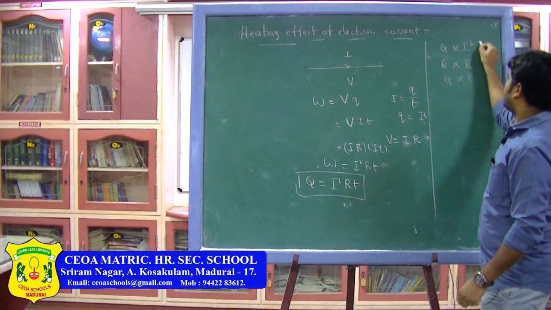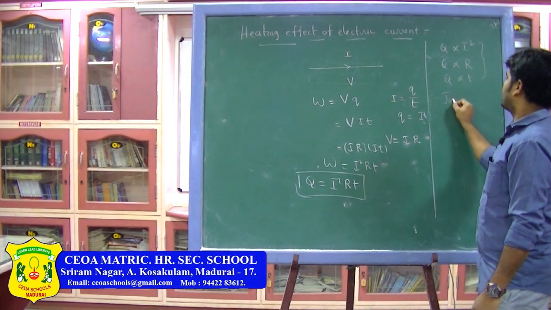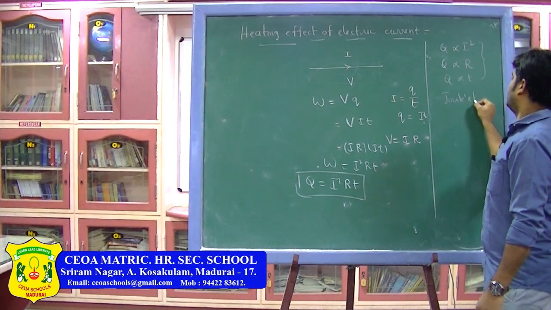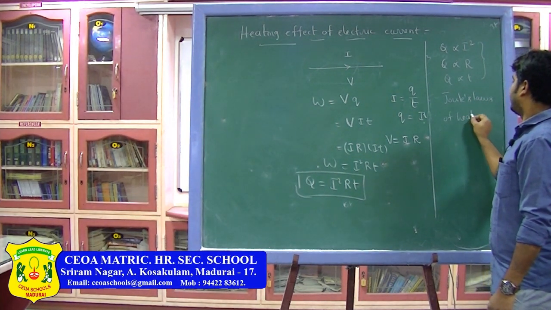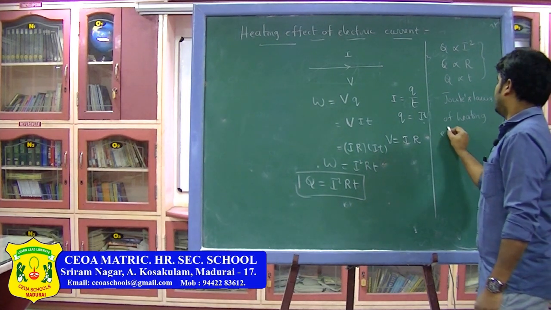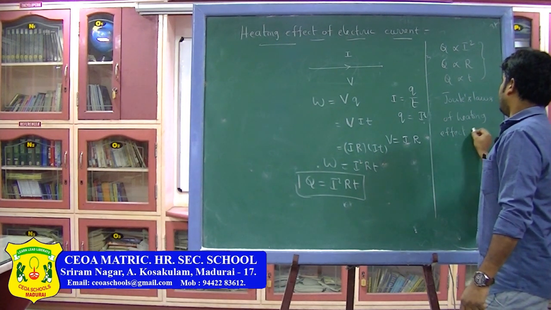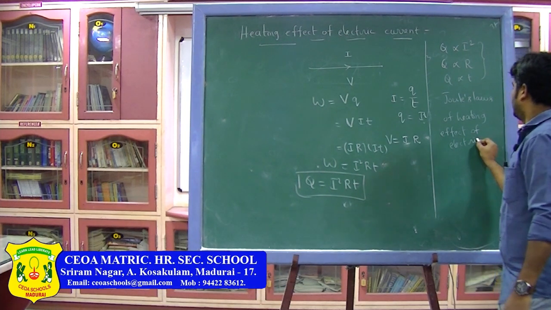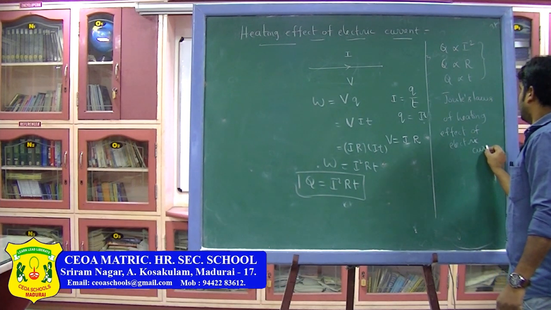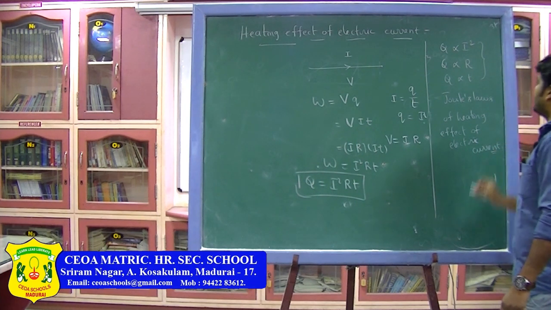So, these three relations are known as Joule's laws of heating effect of electric current.